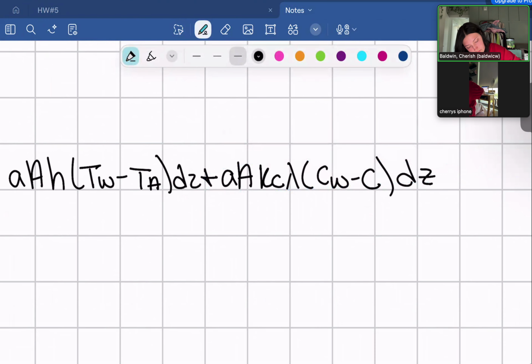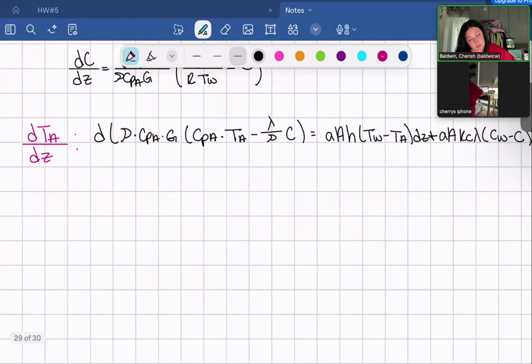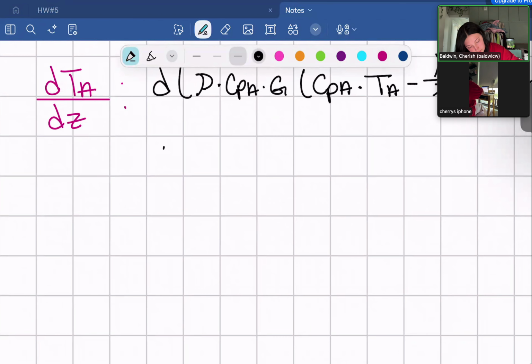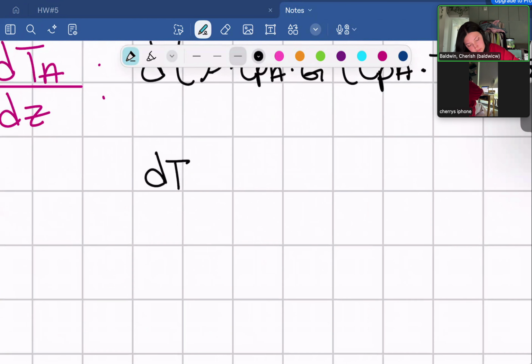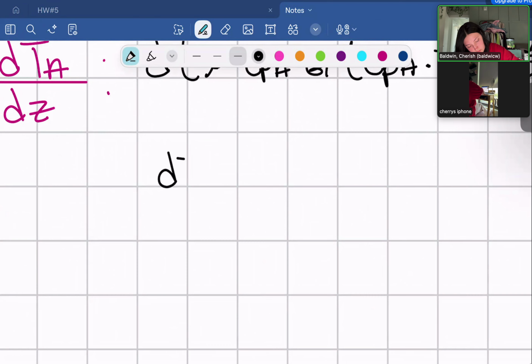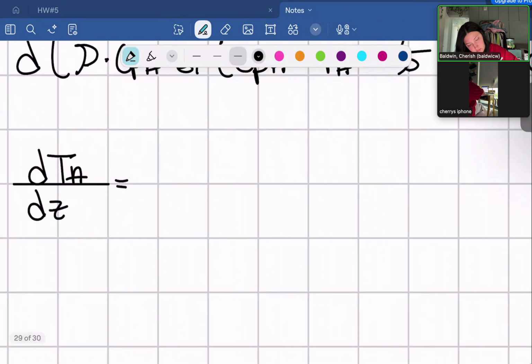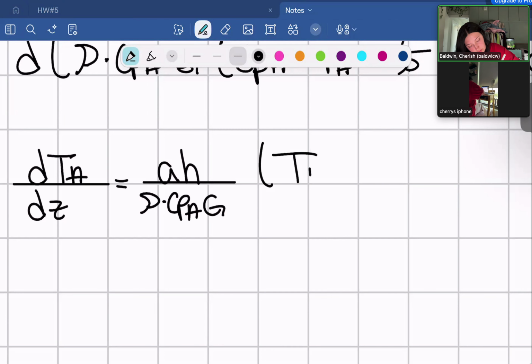All right, and now this then simplifies down to simply just the area of the packing times the heat transfer coefficient over density times the heat capacity of air times the flow rate of air, multiplied by the temperature change from the temperature of water to the temperature of air through dz.